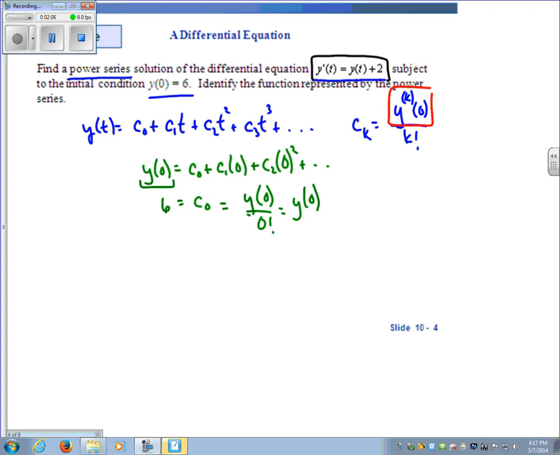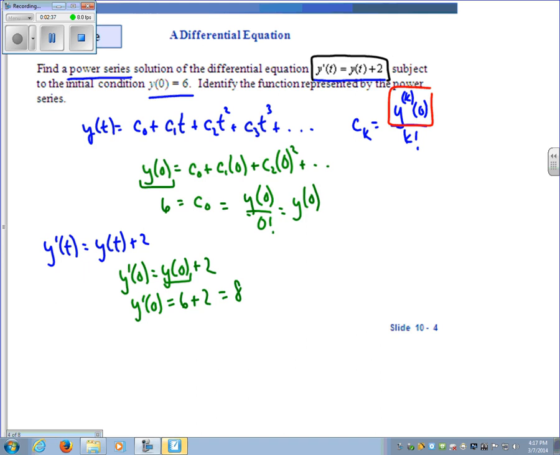Now, to find the other derivatives, I'm going to use the fact that y prime of t is equal to y of t plus 2. Specifically, that means y prime of 0 will be y of 0 plus 2. But y of 0 was 6, so y prime of 0 is going to be equal to 8.